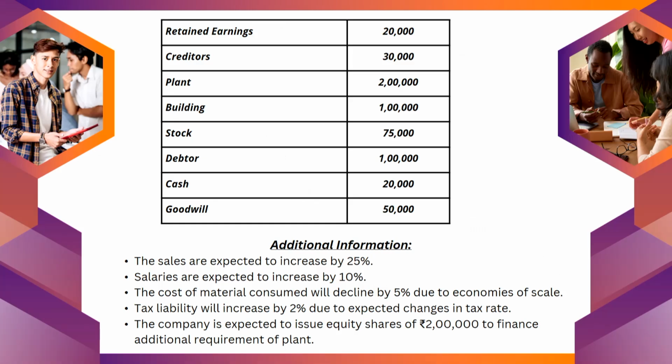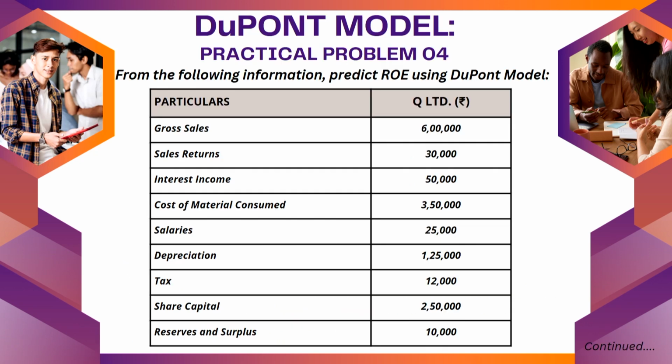Next adjustment: the salaries are expected to increase by 10%. As provided in the question, the salary is 25,000. So our salaries after the additional information will become 25,000 plus a 10% increase, which leads to the figure of 27,500.